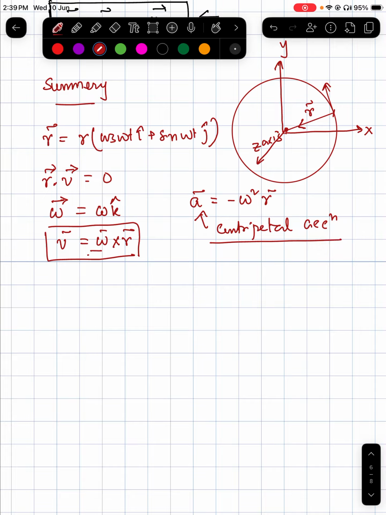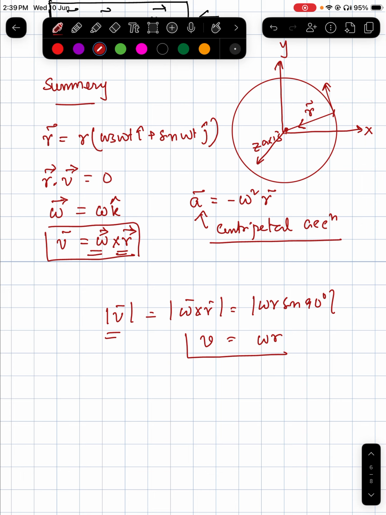So the angle between omega and r is 90 degrees. So the magnitude of v is the magnitude of the cross product, that means omega r sine 90 degrees. Sine 90 degrees is one, so it is simply omega r. So v is equal to omega r.